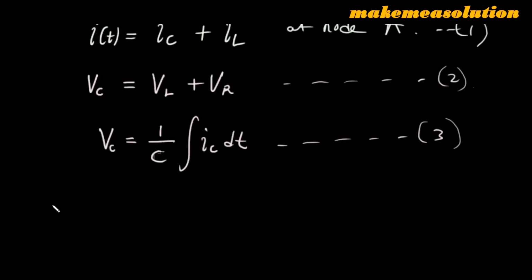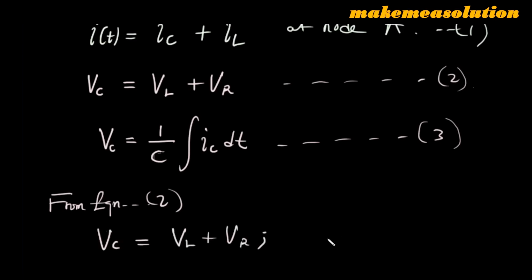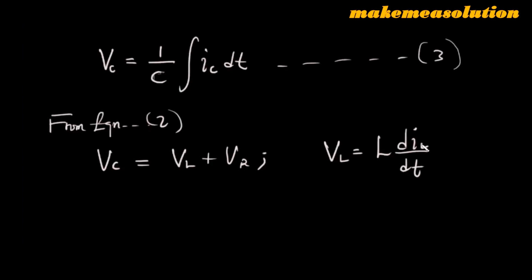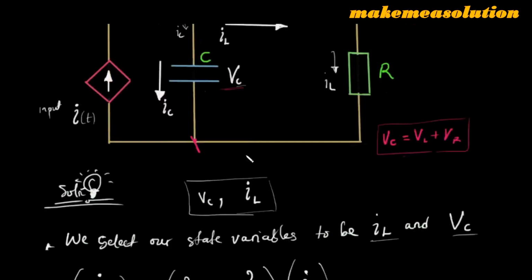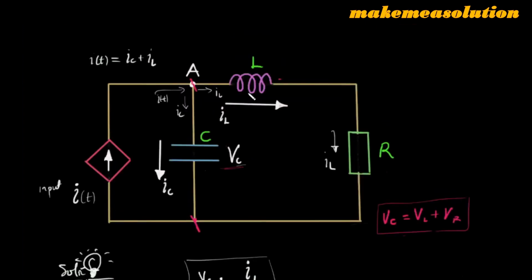Now, coming to equation 2, you have that VC is equal to VL plus VR. You need to recall that VL is the same thing as L dIL dt, where IL is the current that flows through the windings of the inductor.